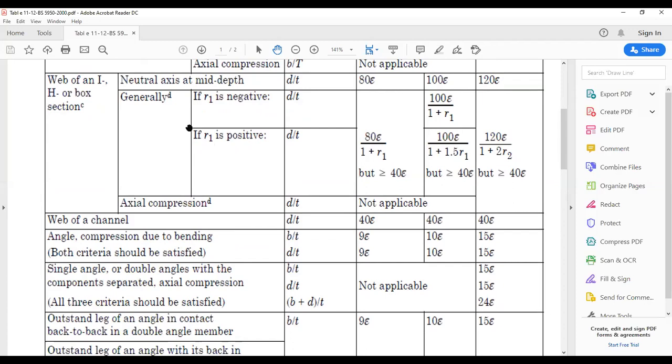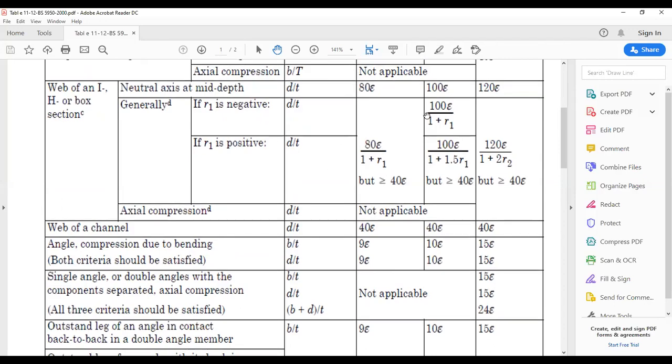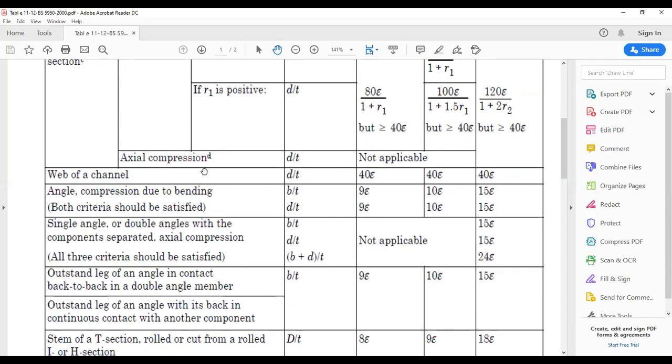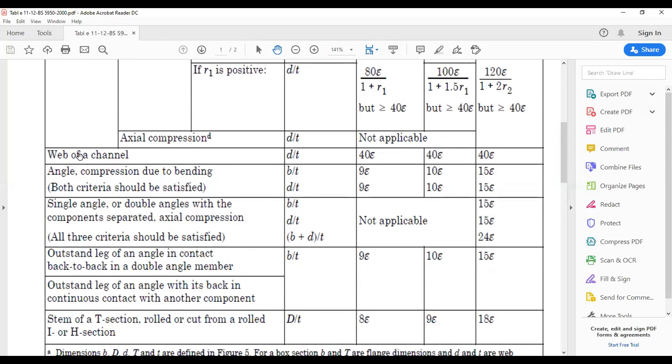So this one is a peculiar case for compression members. Or you can say, after looking at this one, then generally you can also consider these ratios. But this one is more specific for the column sections. We shall see later. And this one is for the channel section. This one is the classification for angle sections, compression due to bending. This one is for single or double angle with the components separated.